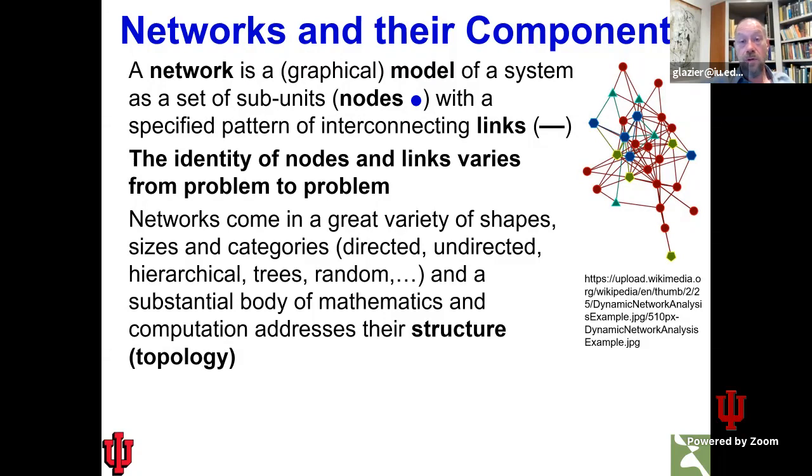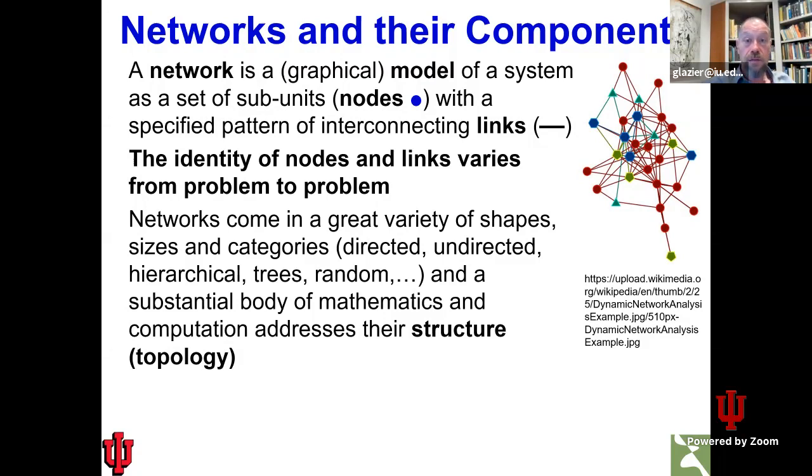You can have very, very simple networks. We're going to deal with some very simple networks today, networks with only 2 or 3 nodes. And you can also have networks that have millions or billions of nodes. You can have networks in which the number of links is many times greater than the number of nodes, and networks in which the number of links and nodes is almost equal.